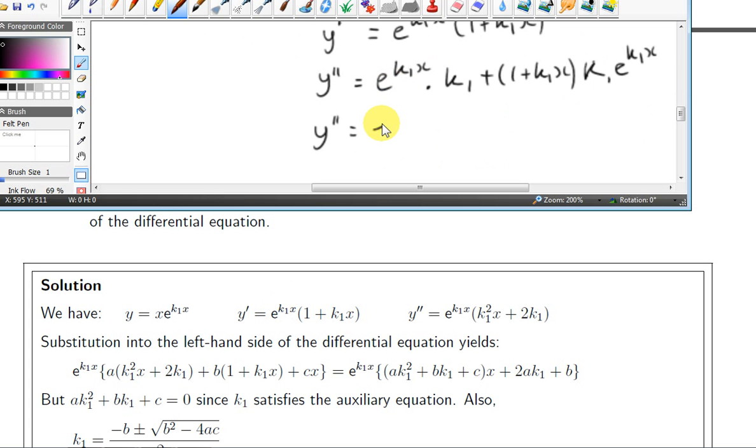We can factorize e to the k1x out of this. So we have k1 times k1x over here. Well, that's k1 squared x. And then we have k1 times 1 here. So we have a k1 e to the k1x, and we have another k1 e to the k1x. So we have 2k1 times e to the k1x.